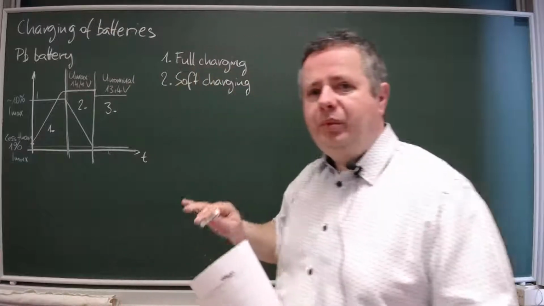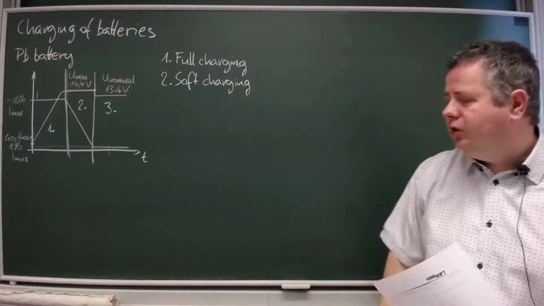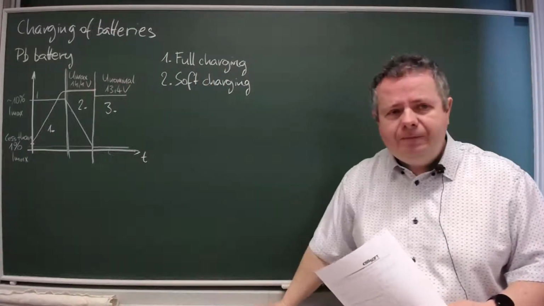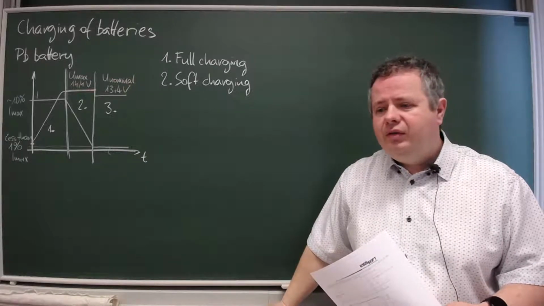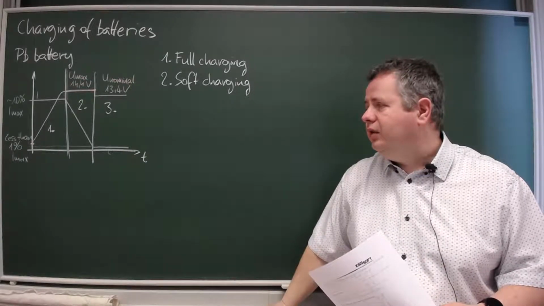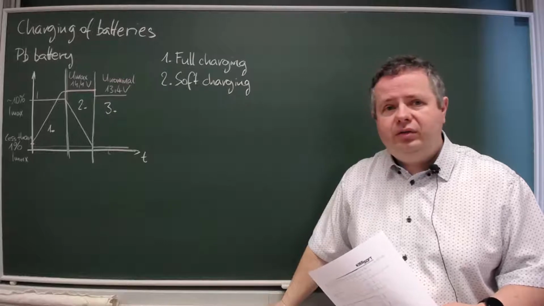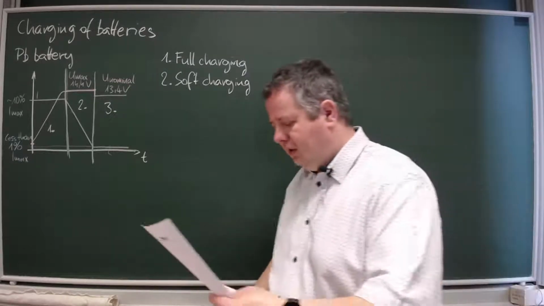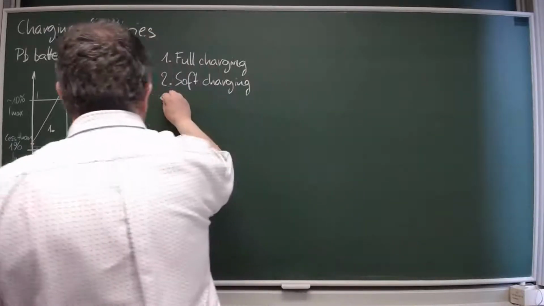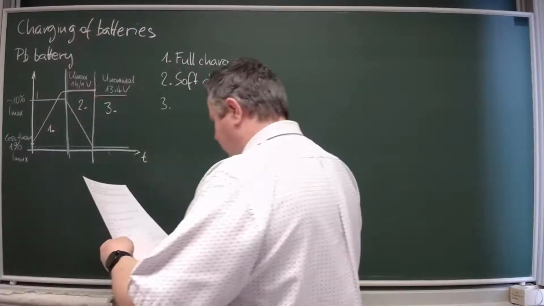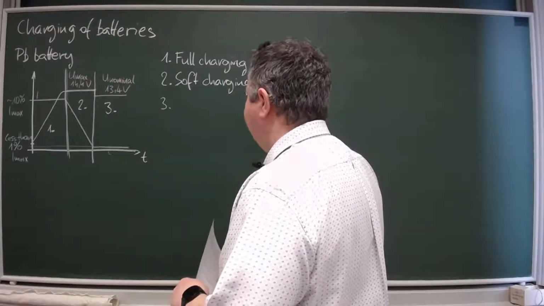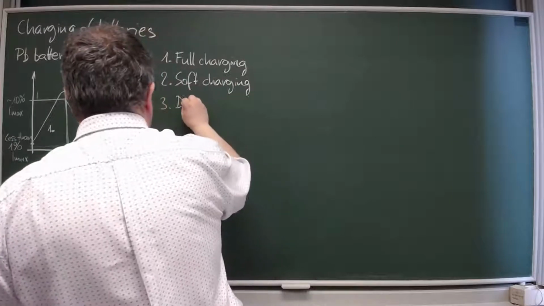When we follow up the charge supporting capacity of the battery, and when we cannot add any charge even at a small current, then we switch to mode 3, and mode 3 is the drop charging.